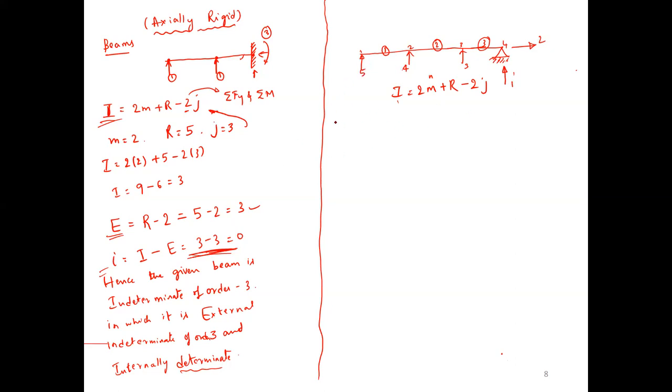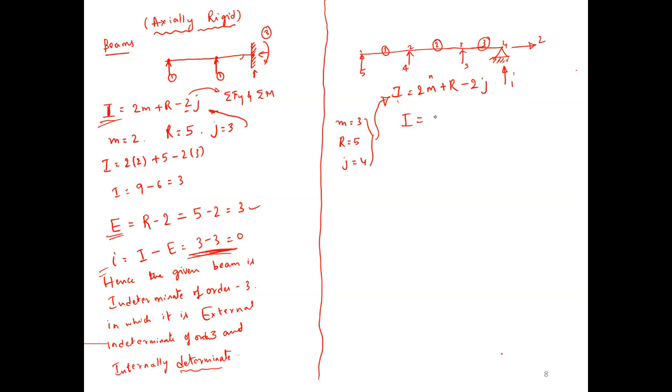Now from this we can say that members are 3, reactions are 5, joints are 4. Substitute these parameters into this equation. Try to get the value of I. Three.